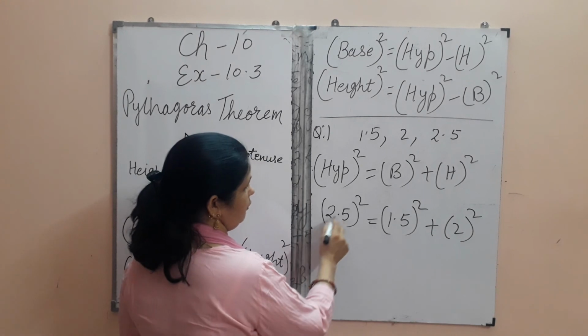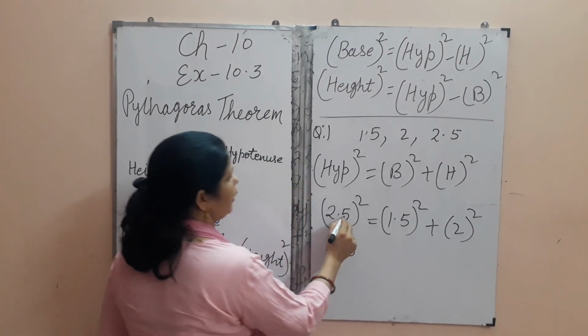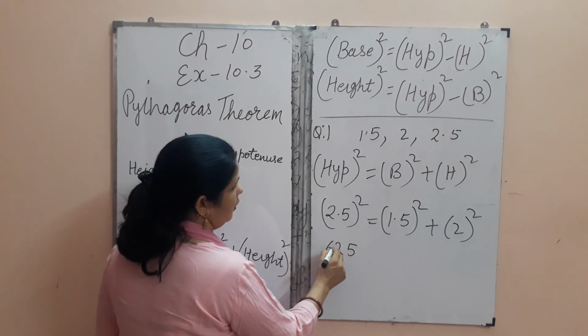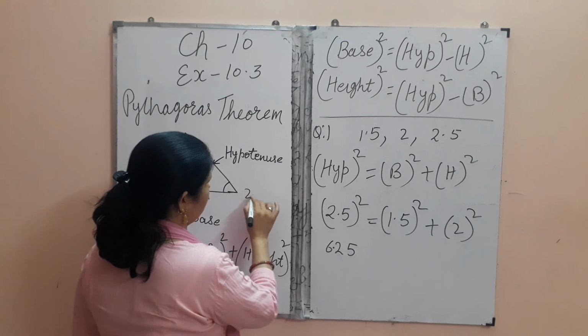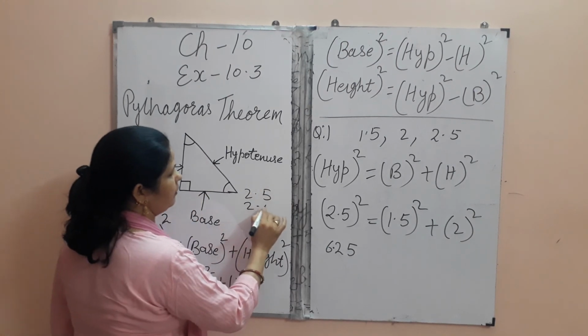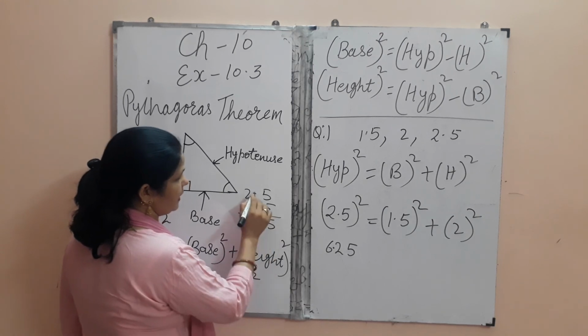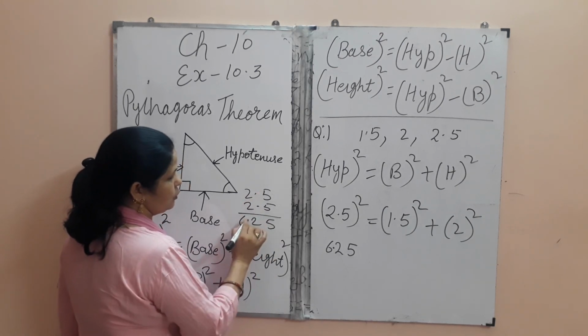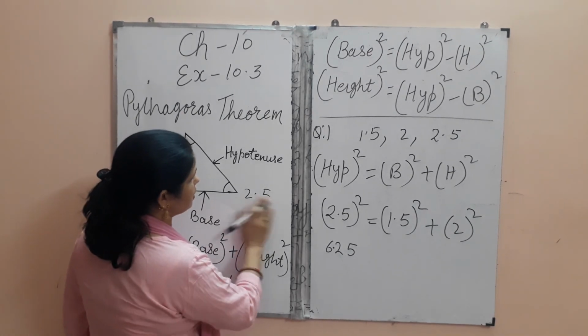2.5 square: 25 into 25, 625, because we are multiplying 2.5 and 2.5. So we will multiply 25 into 25, 625, and after the decimal how many digits are there? 1, 2. So before 2 digits we will put the decimal. So like this we will solve it.